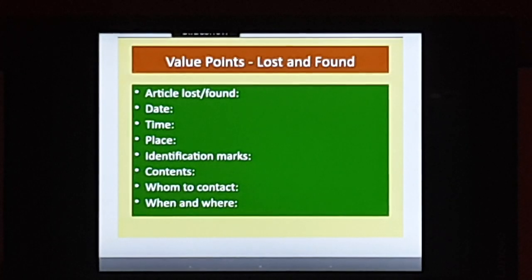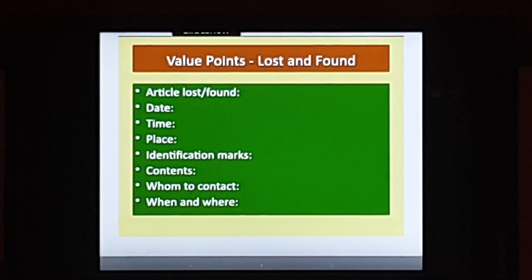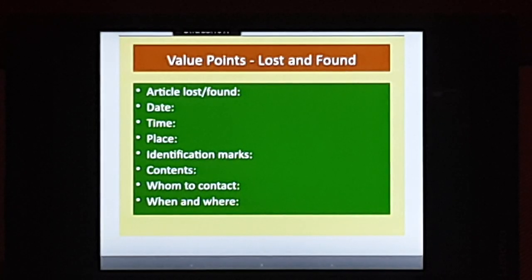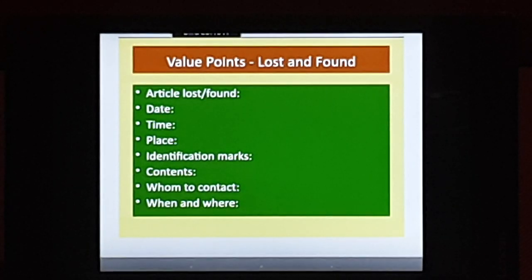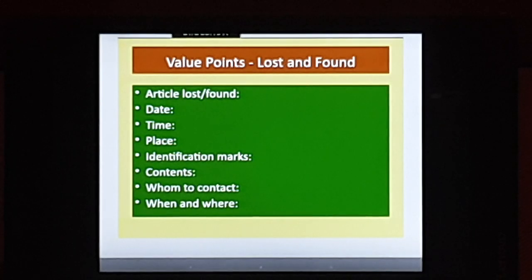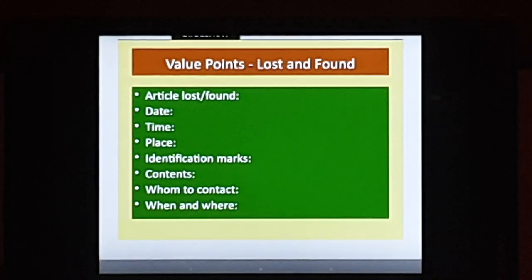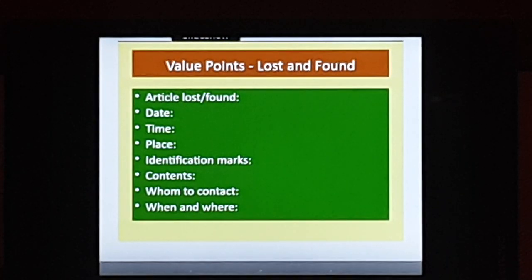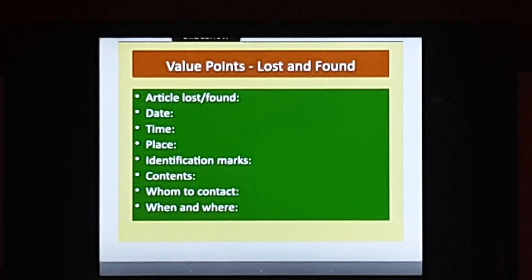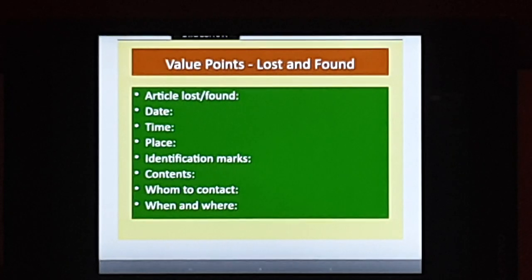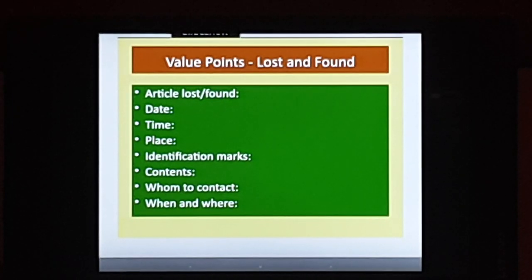Now, lost and found: what things you have to keep in mind while putting up this notice. The article you have lost or found, you want to give the information about that, and when it was lost, the time also, and where it was lost, and any identification mark, so that the person who is reading the notice can identify it at once.